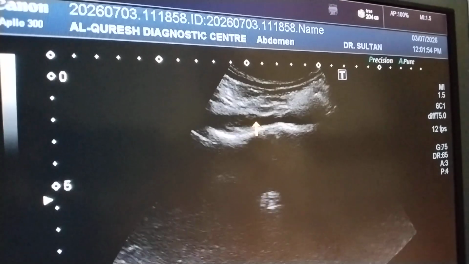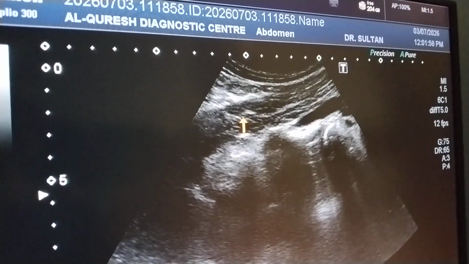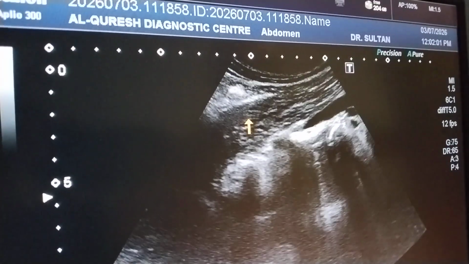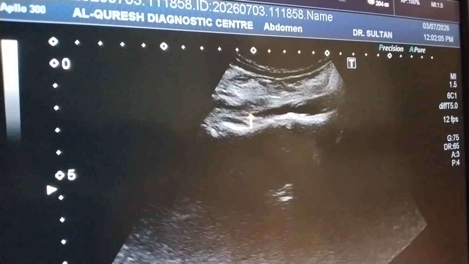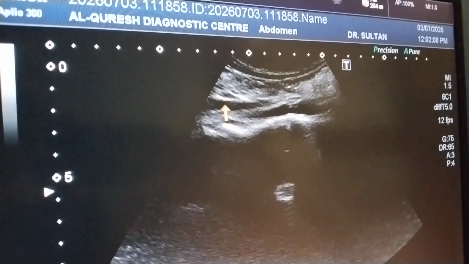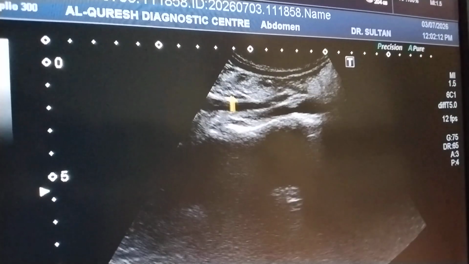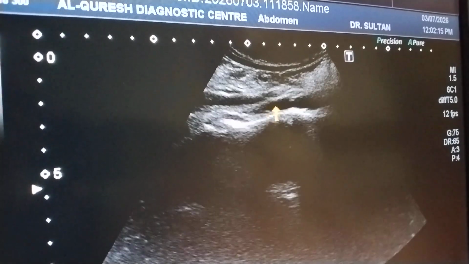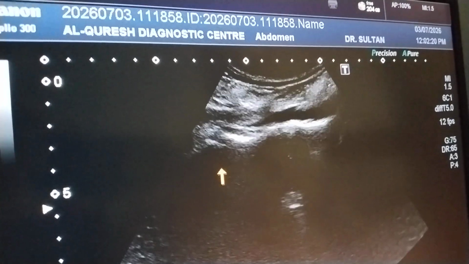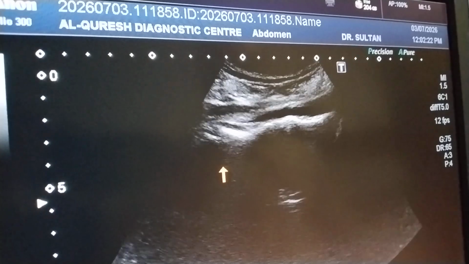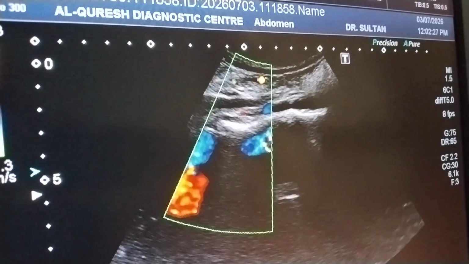Over here we can appreciate the psoas major muscle, and I am angling the probe slightly upward, and then I have seen this ureter. This is the ureter, and this black area, these are the vessels. If we become confused about which is the ureter, we can apply the color as I am doing.